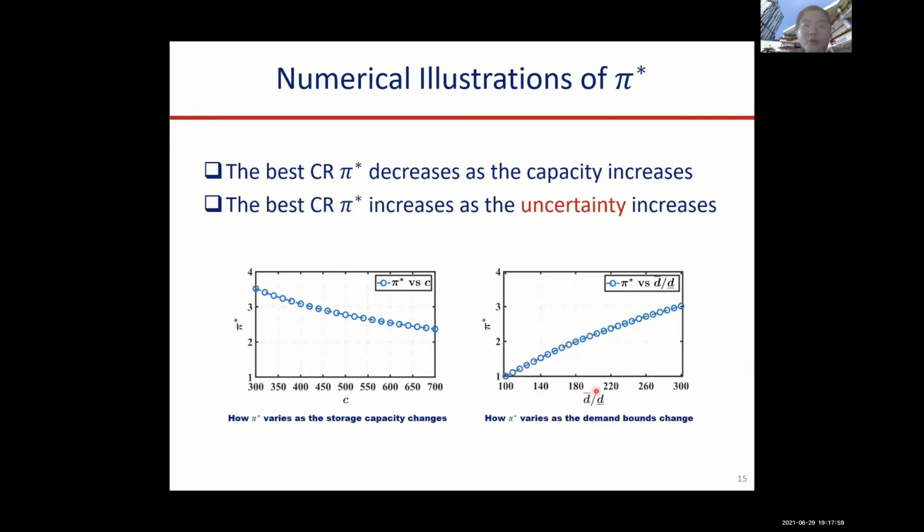Moreover, as we increase the uncertainty of all possible net demands, the best possible competitive ratio increases. This somewhat explains why we call the best competitive ratio the price of uncertainty.